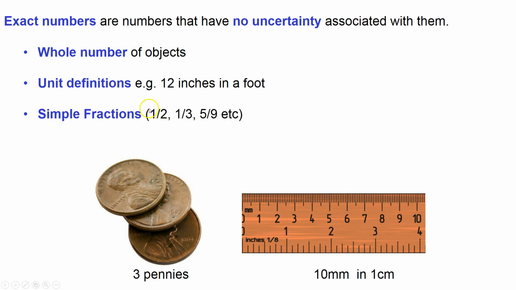In science, if I write a simple fraction of 1/2, I want that half to be considered exact. So 1/2 of a centimeter would be 5 millimeters, and if I wanted that to be recognized as exact, I would use the simple fraction rather than 0.5. I've got to be honest and say I've never seen anybody use a simple fraction to express that a number is exact, and I've only ever seen examples of exact numbers of the first 2 types.